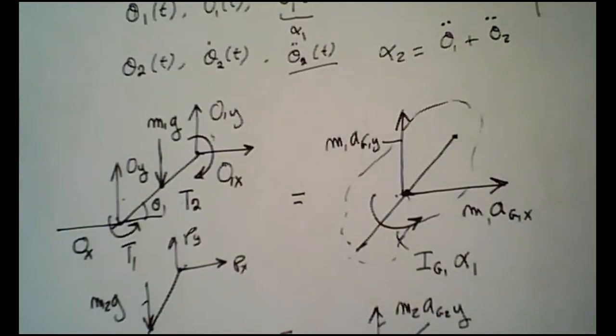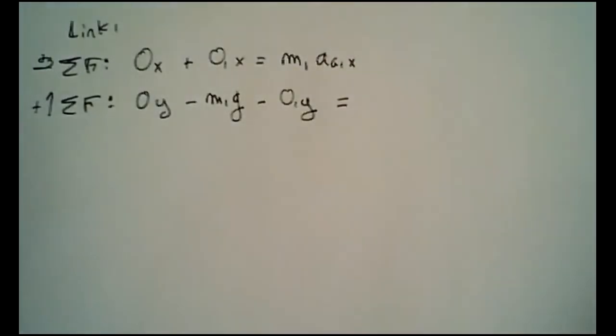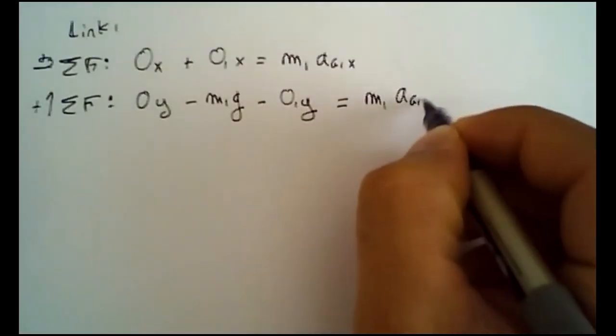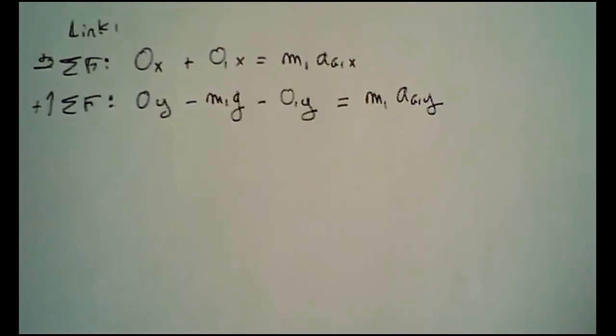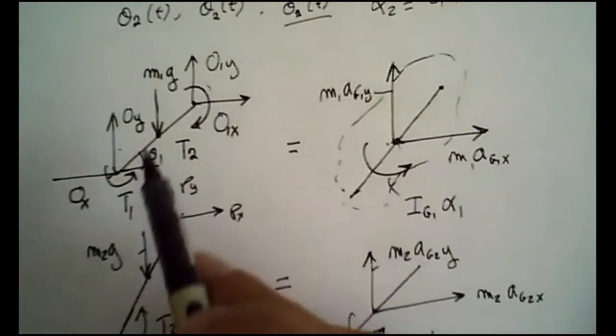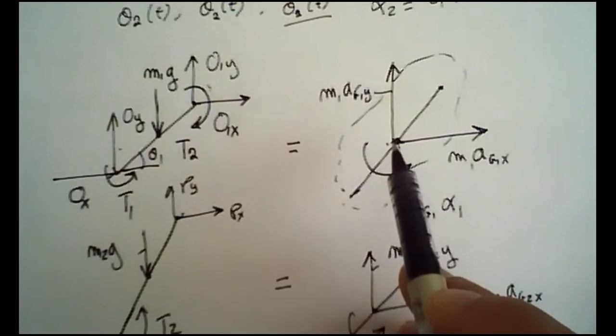So summing the forces in the vertical direction, I get M1 AG1Y. The last thing we'll do is sum the torques, and again, whatever point you choose to sum your torques about, you need to use the same point on this figure too.